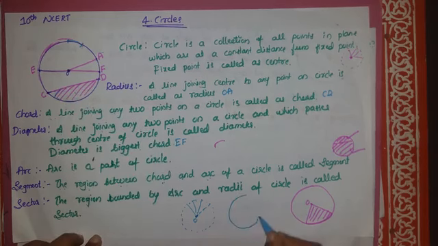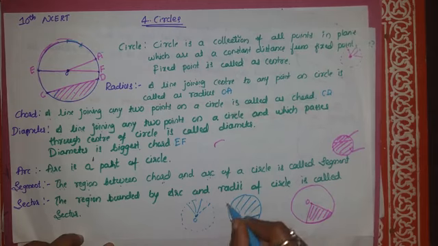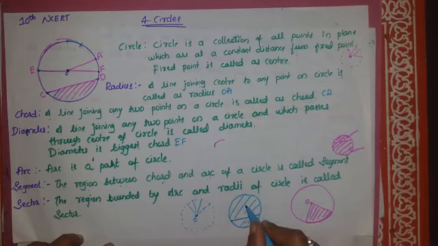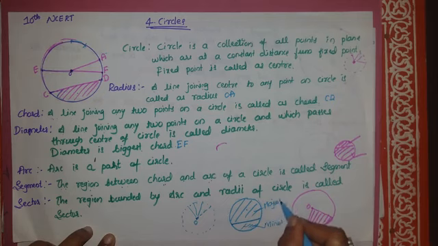If you consider this region and this region, here this is a chord, this is an arc, and this is an arc. This is a segment and this is also a segment. There is a difference: this is the minor segment, and this is the major segment.